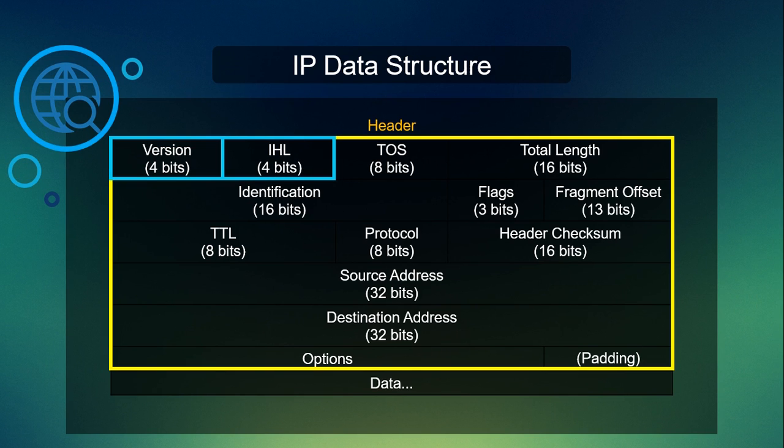Internet header length indicates the length of the datagram header in 32-bit words. A minimum length header is 20 octets. Since the maximum value of this field is 15, the IP header can be no longer than 60 octets.